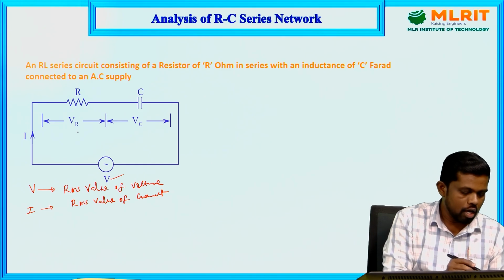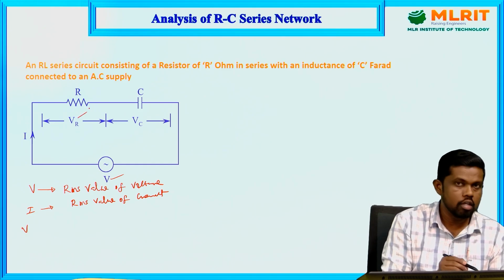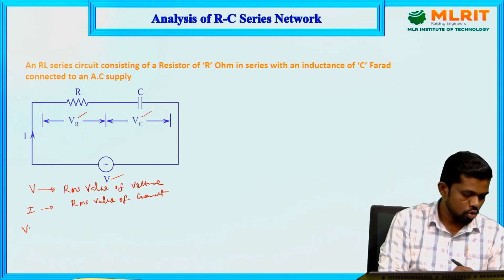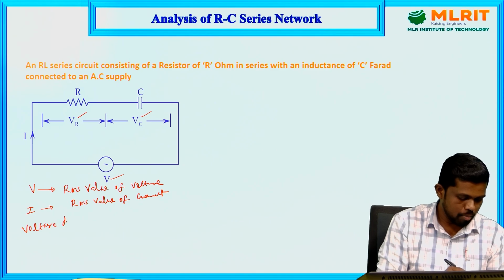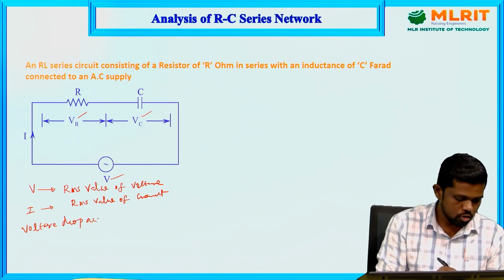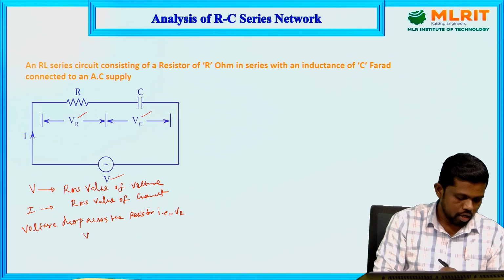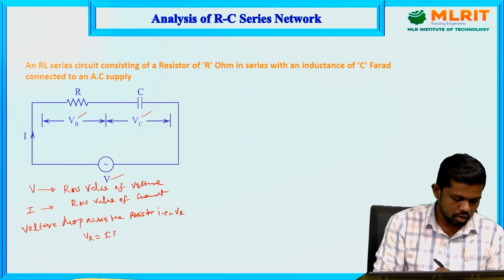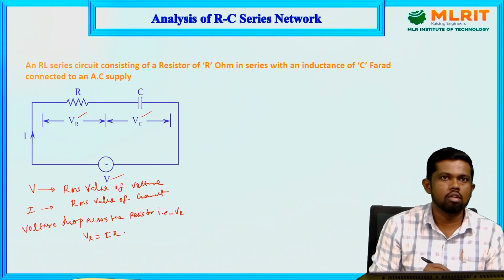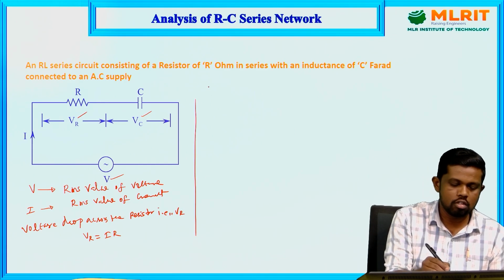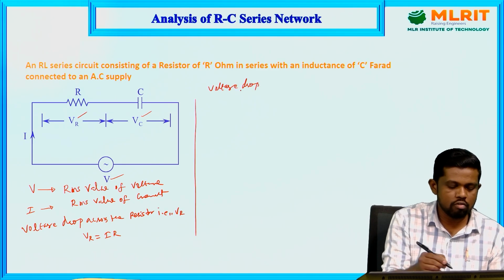Here VR is the voltage drop across the resistor, and the other one is the voltage drop across the capacitor. The voltage drop across the resistor, VR, in terms of Ohm's law, equals I into R. Previously it was VL, the voltage across the inductor.